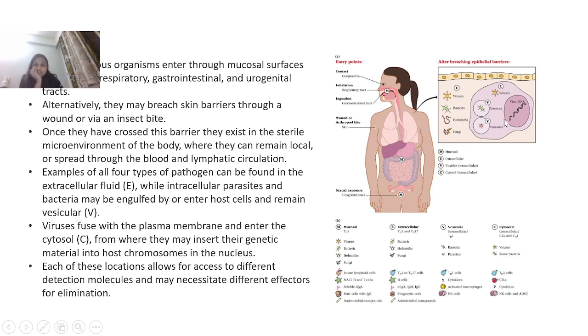Then these helminths are there. Then these parasites will enter via the vesicles. So every pathogen will enter differently, and they will activate different kinds of responses.